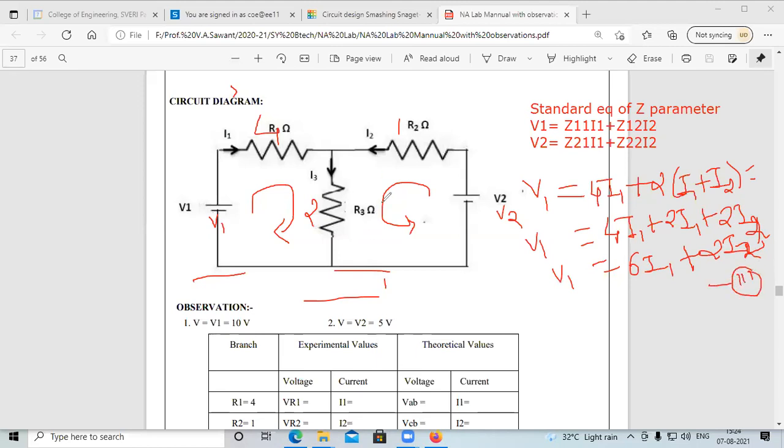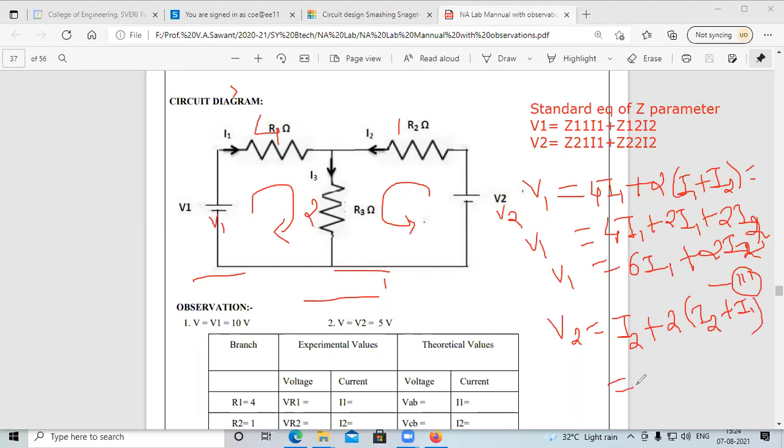Now apply KVL to the second mesh, so it becomes V2 is equal to 1I2 plus 2I2 plus I1.